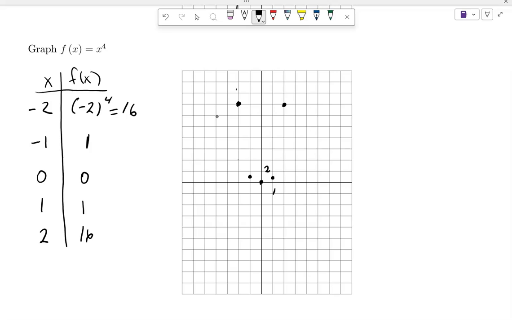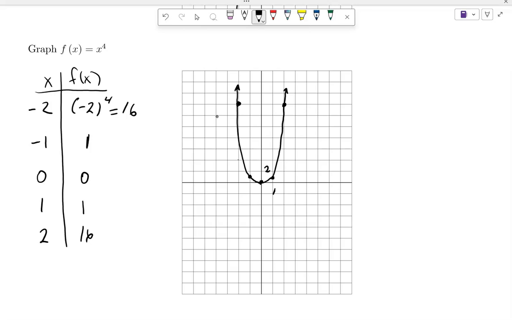And then again, play connect the dots, but do it nice and smoothly. We should be flattening out and then going up that way. And again, what we're really interested in here isn't so much exactly where the dots are.